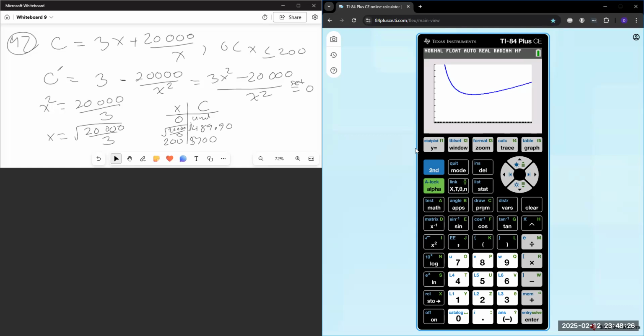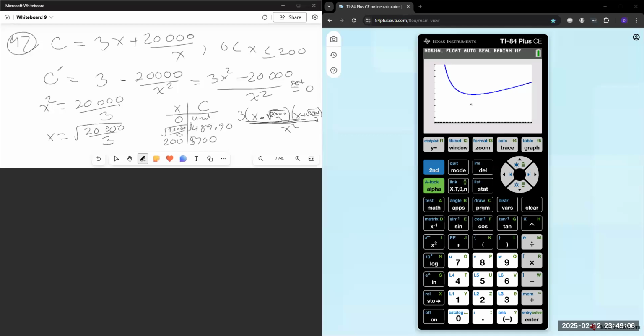But we want to find the minimum cost right here, which we can prove is the minimum cost with our first derivative test if we want to. If we would factor this, we would get 3 times x minus root 20,000 over 3 times x plus root 20,000 over 3, over x squared.